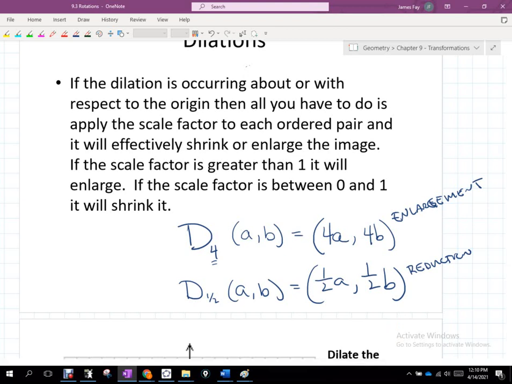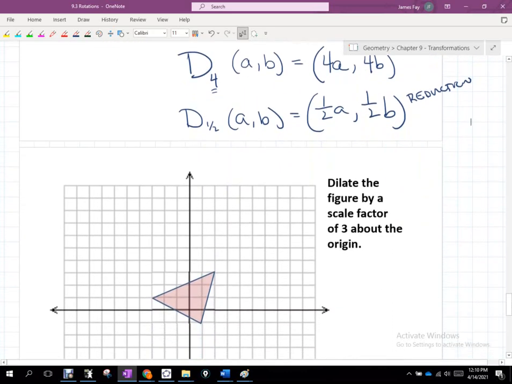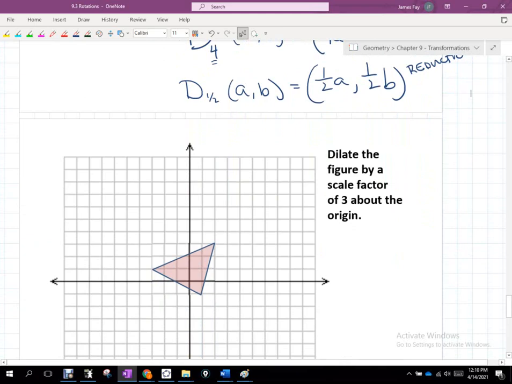Those are the mathematical terms, enlargement and reduction. Is that okay? All right, so when it says dilate the figure here by a scale factor of 3 about the origin, all we have to do is figure out what the ordered pairs are. I'll call this A, call that B, call that C.